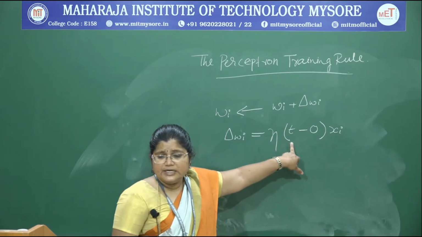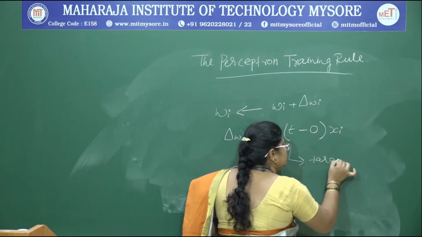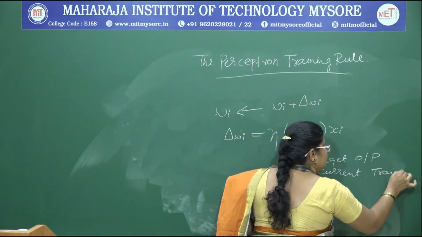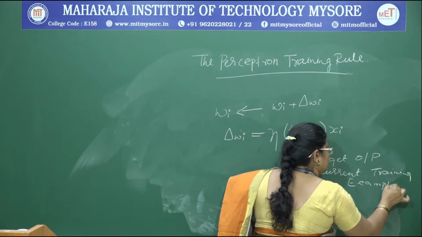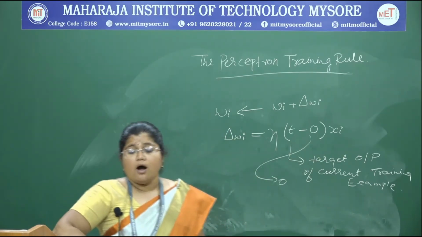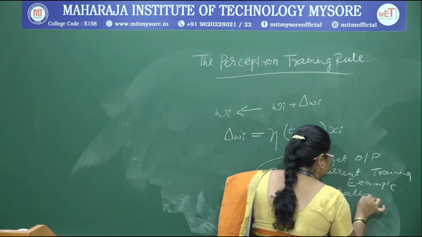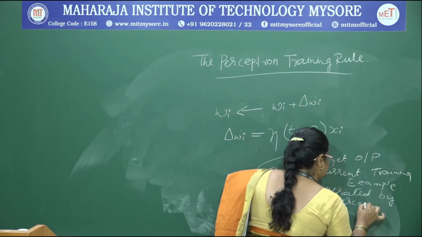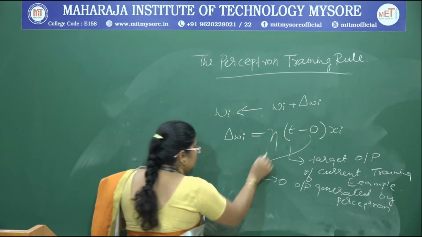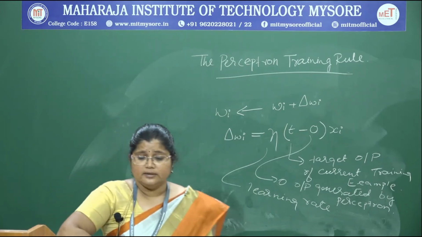T is the target output of the current training example, whereas O is the output generated by the perceptron, where nu is the learning rate.